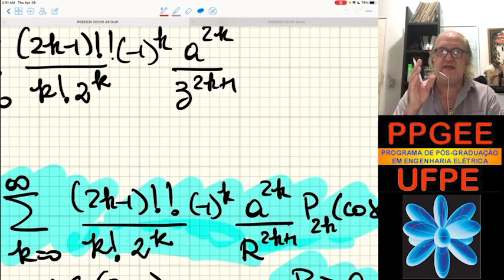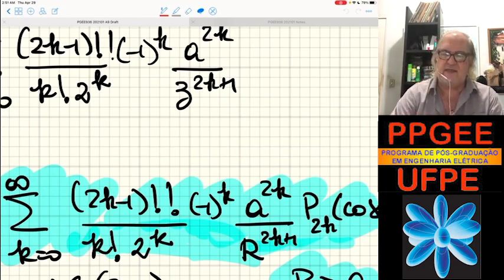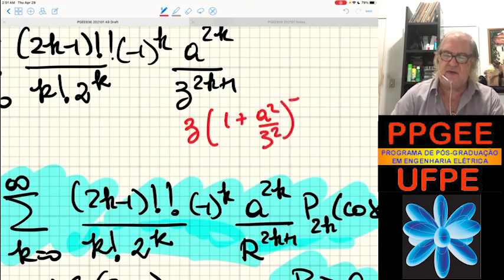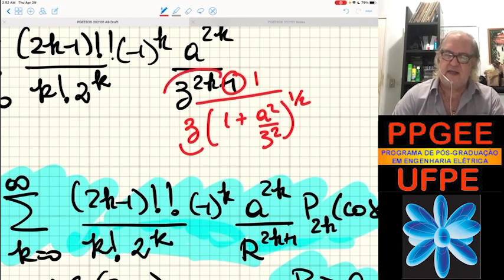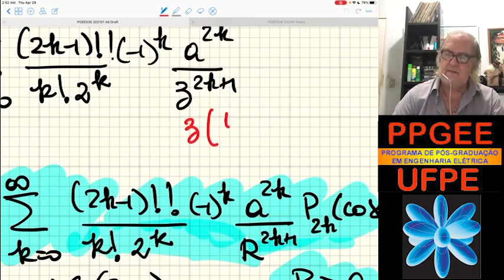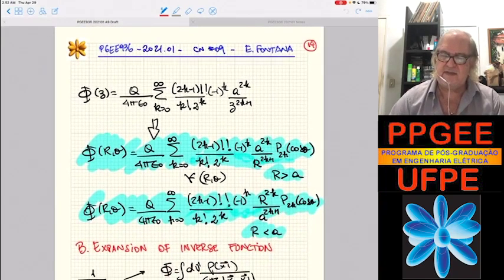It was factored out of that square root expression, right? We did something like this: z times 1 plus a squared over z squared to the 1/2 in the denominator, right? So this z here is this one, and this one here is from this power series there, okay? So that's why we get it.